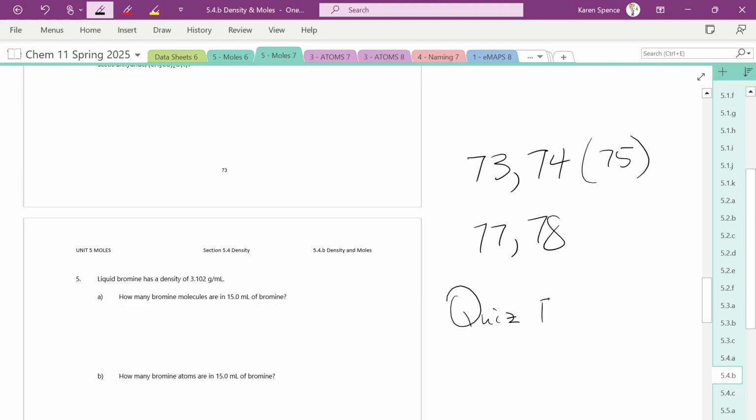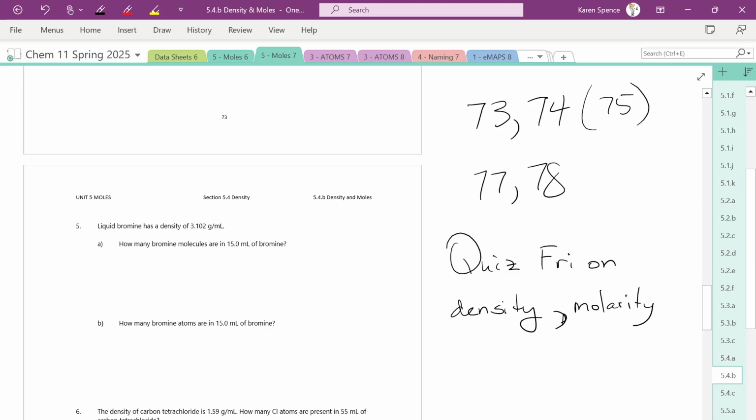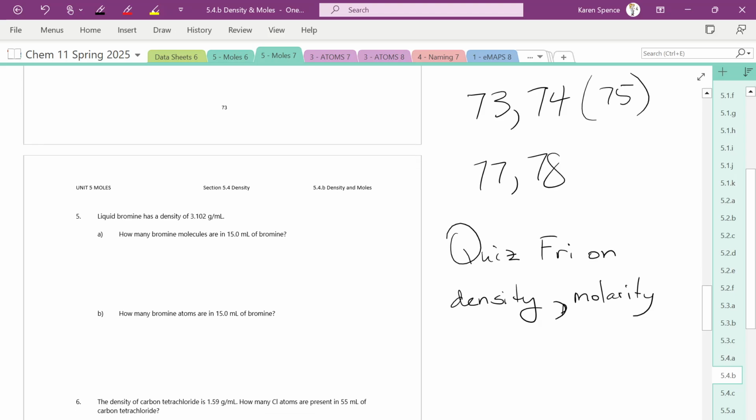Quiz Friday on density, molarity, molar mass of unknown substance and gases.